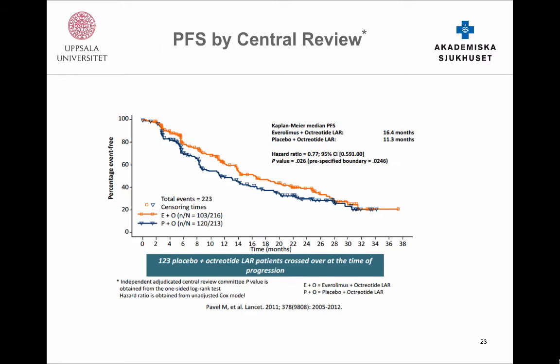And here are the results. You have seen this type of curves before, but it should be separated if you should demonstrate an effect of the compound everolimus. And unfortunately, we didn't reach that. And that was partly related to that different types of tumor were included that was not meant to be there.